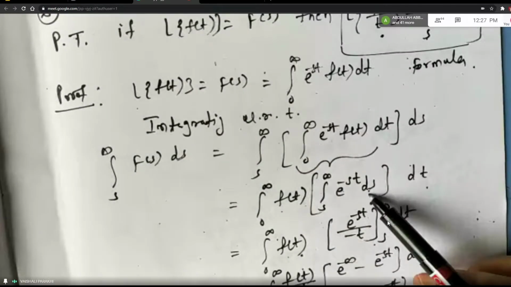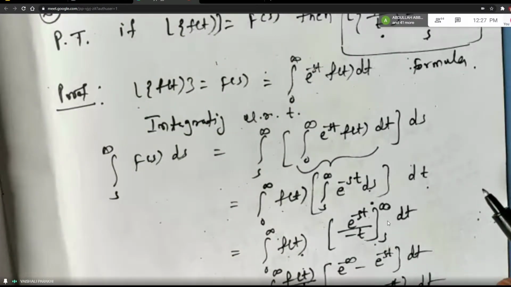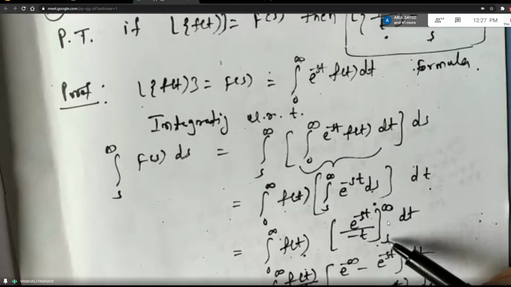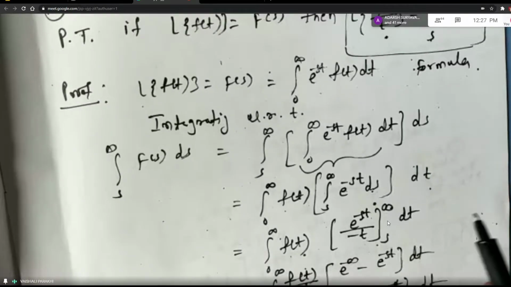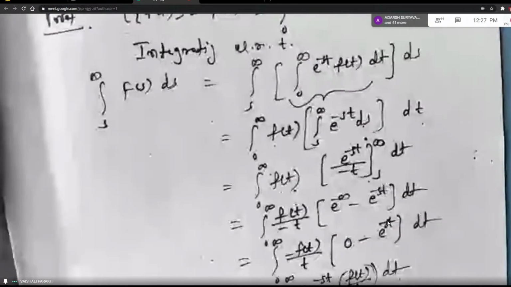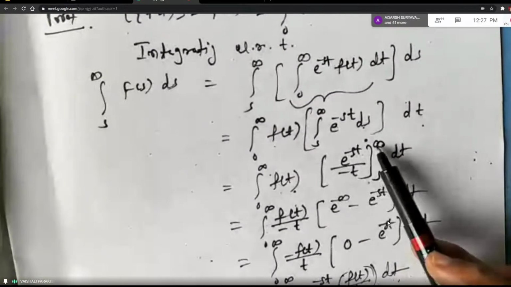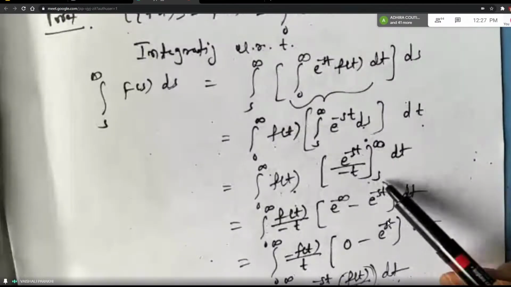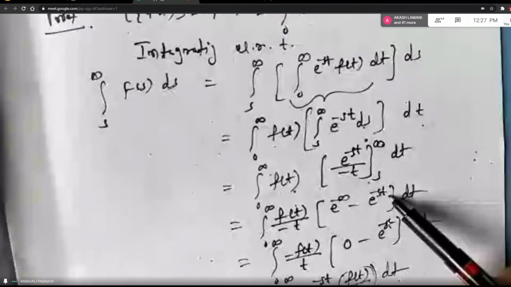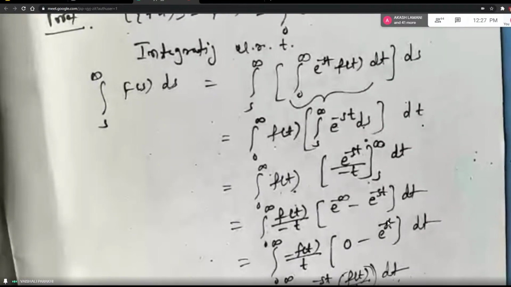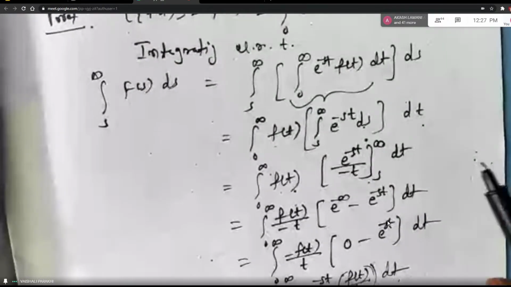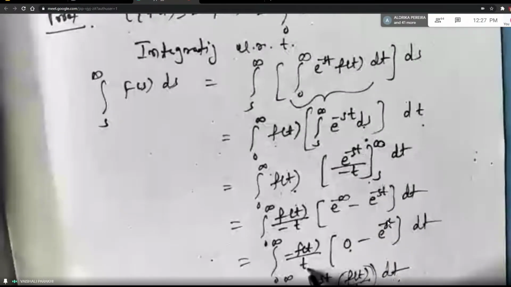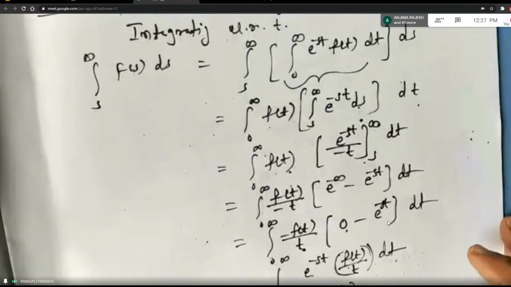Why minus t here? Because you are integrating with respect to s, so t is a constant. And the limits are s to infinity. I am not touching f of t dt at all. Now replace s by the upper limit, e raised to minus infinity, and replace s by the lower limit, which is s. Anything raised to minus infinity, you know it is 0. Minus t is taken out because it is not related to s.